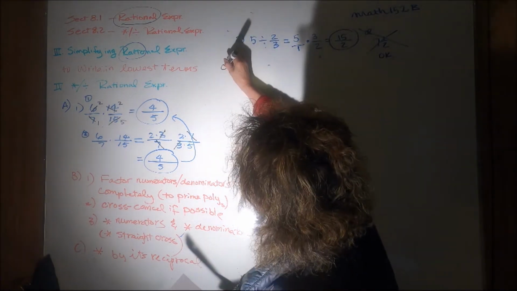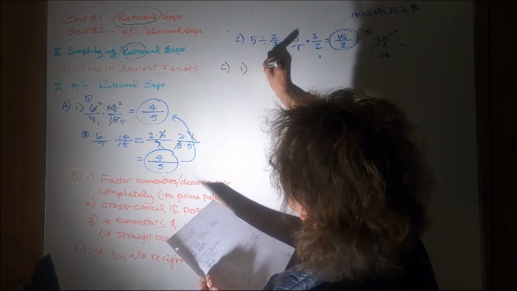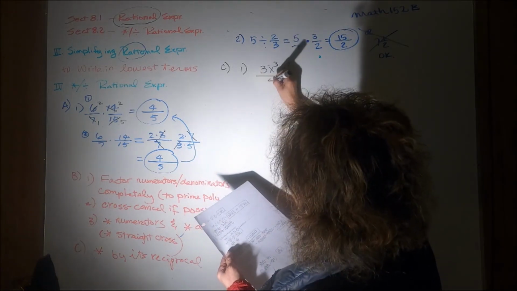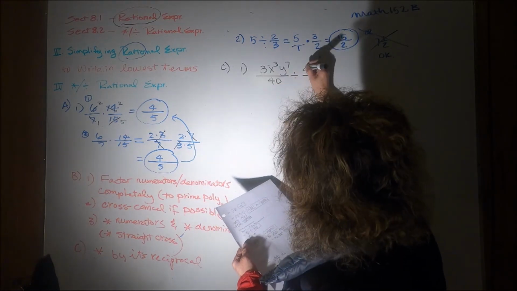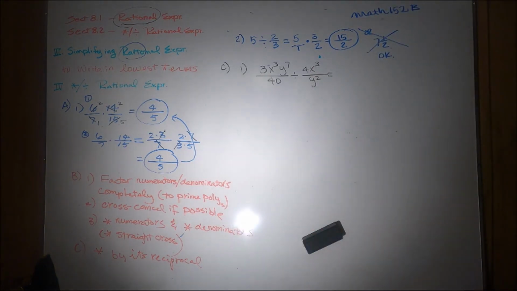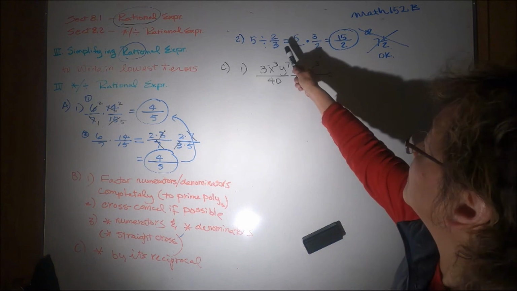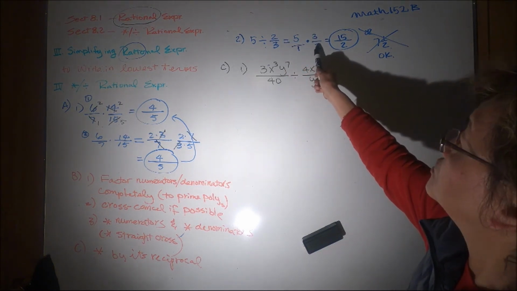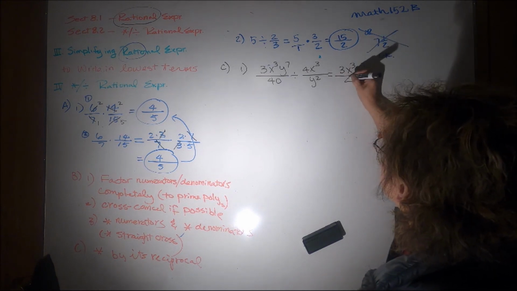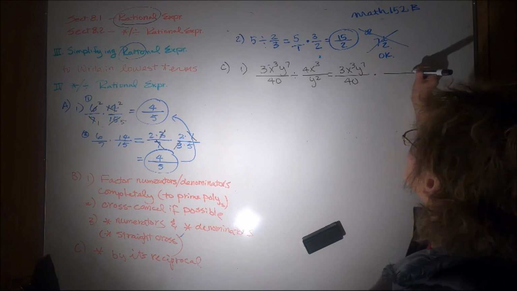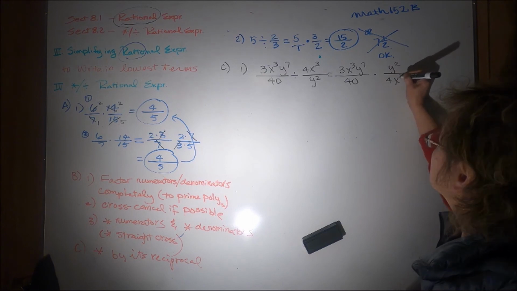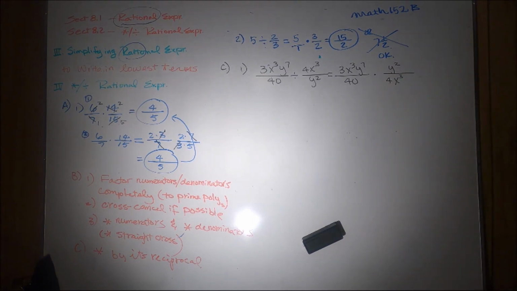Okay, so let's do the division: 3x cubed y to the 7th over 40, divided by 4x cubed y squared over... The method is to multiply by its reciprocal. First you change the division to multiplication and take the reciprocal of the fraction after it.